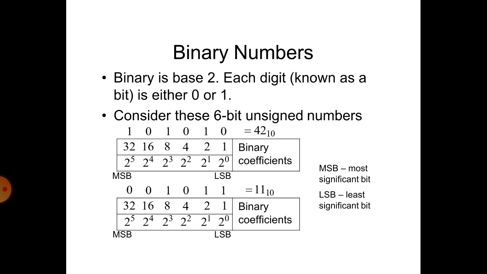The equivalent binary number is 001011, with LSB and MSB. The same technique is used in this problem also. So 8 and 2 and 1, 8 plus 2 plus 1 is 11. Those bits will be 1, and the remaining bits are 0.